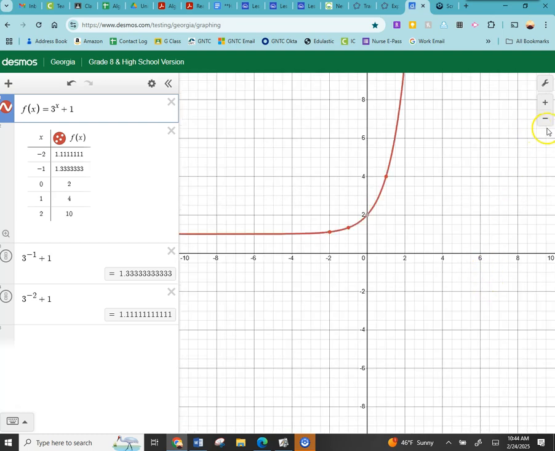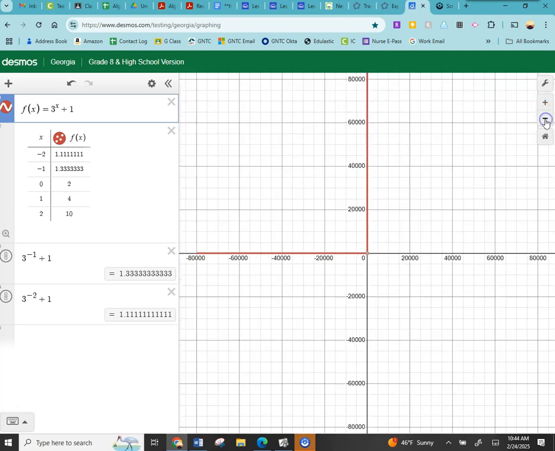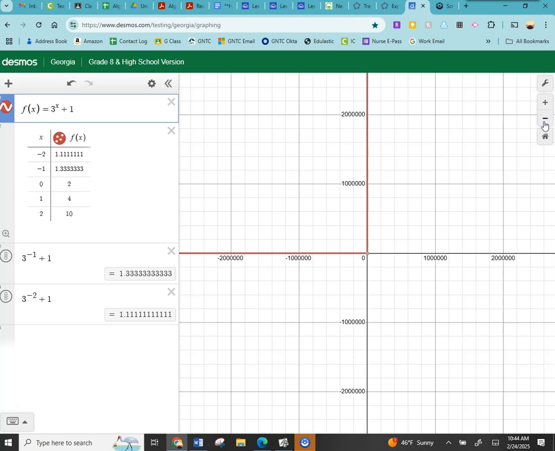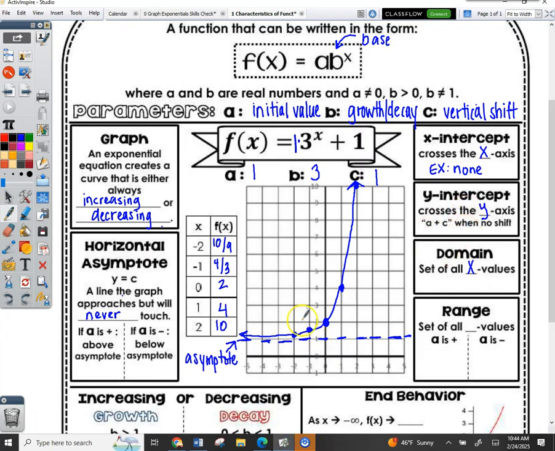You see the curve? But if you zoom out so far, they can't show the curve anymore. So now it looks like an L. And you might be thinking, well, it's never going to get over here. It will. It'll just take a while. It's way up here. Like I can't even see it, right? It's shooting off the graph. So what do you think the domain is of this exponential?